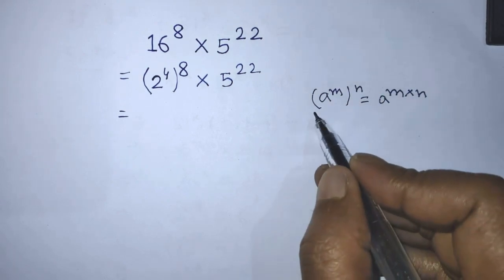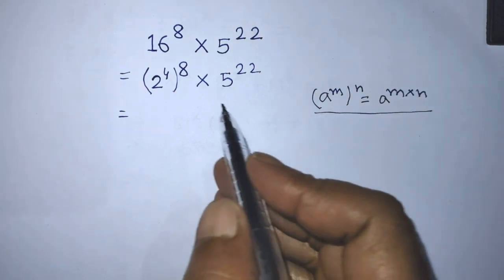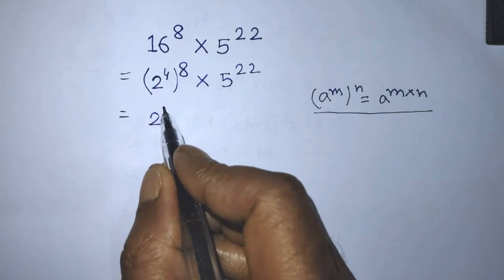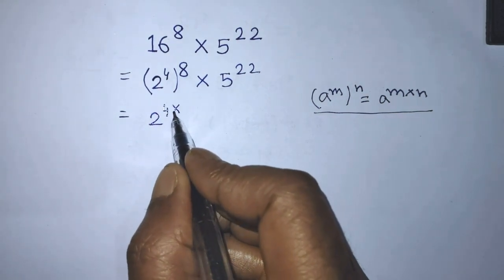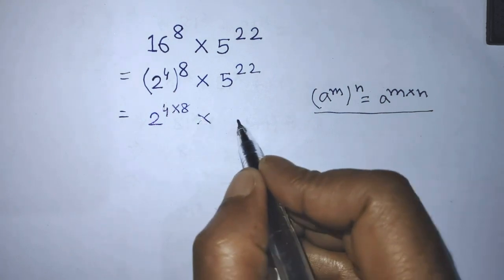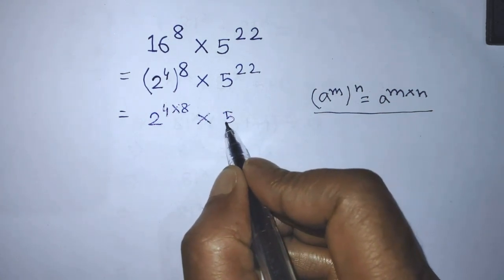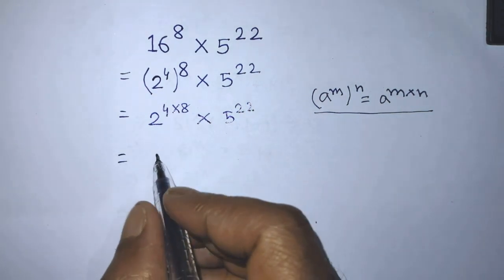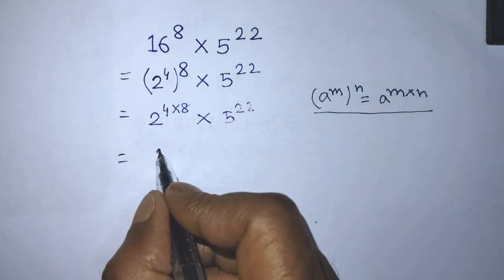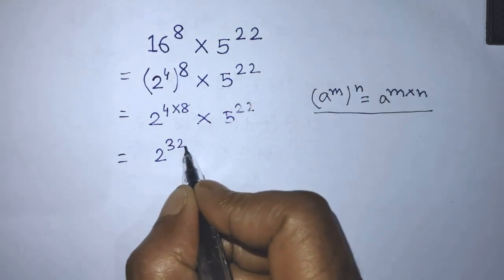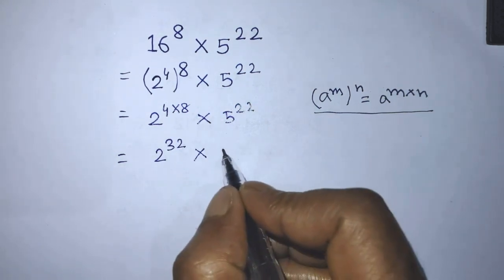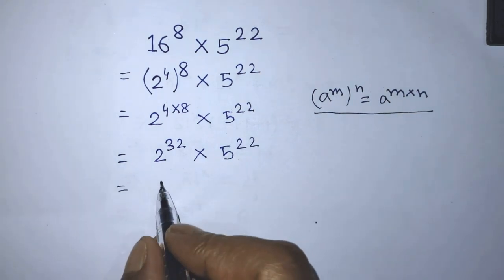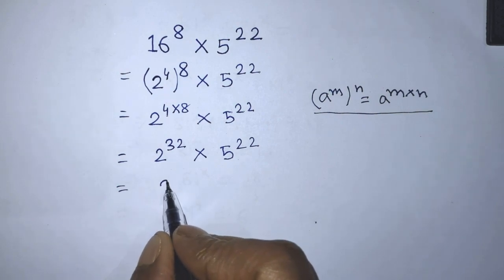According to this formula we can write from the first exponential form 2 to the power 4 times 8, multiplied by 5 to the power 22. So we can write 2 to the power 32 multiplied by 5 to the power 22.